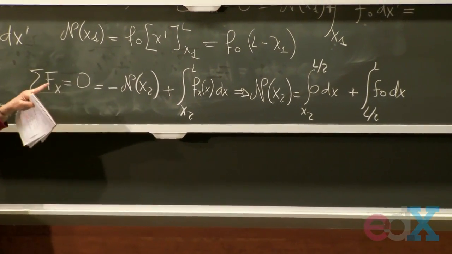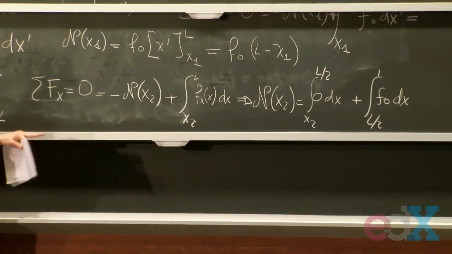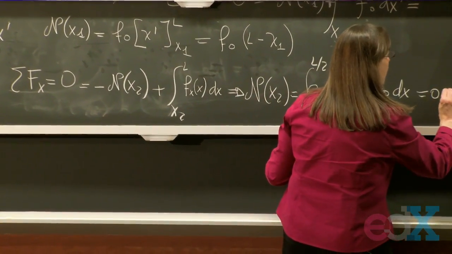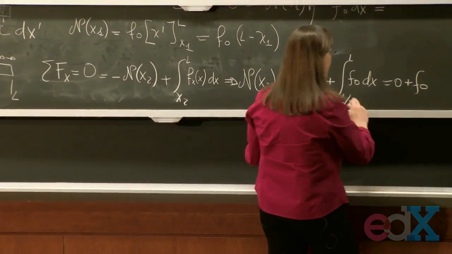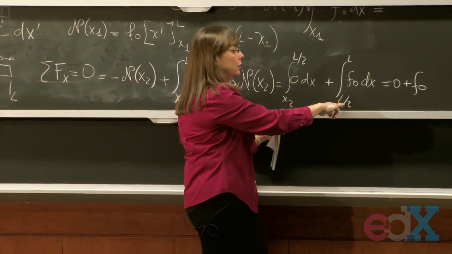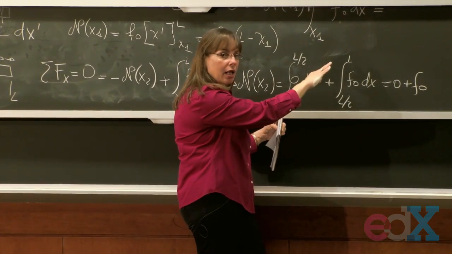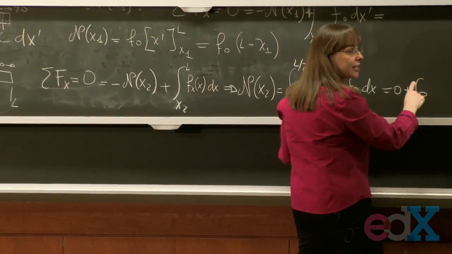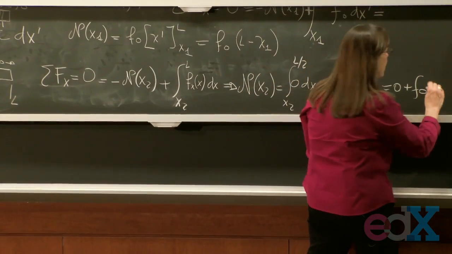OK? So same things that we did here. We get 0 plus f0 that multiplies x between L over 2 and L. And I know I should do it, but I'm not going to do it, because that is L minus L over 2. So that's L over 2.